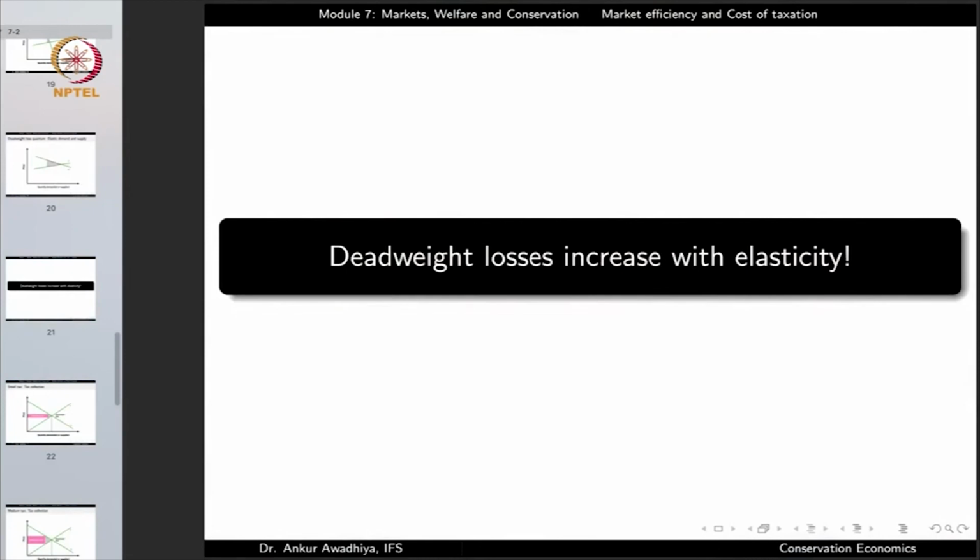So this is a result that we are observing, that if the quantum of the taxation or the size of the tax is kept the same, but the elasticity of the demand and supply curves is changed, then the deadweight losses will increase when demand and supply curves become more elastic. So this is a result that the deadweight losses increase with elasticity.